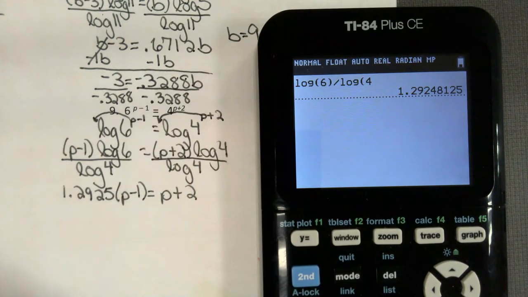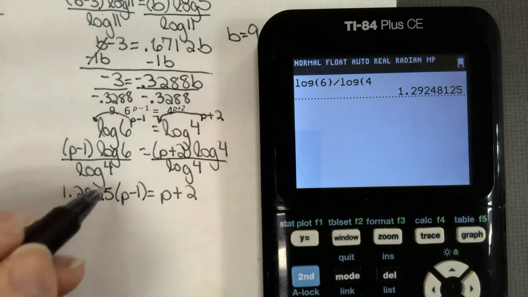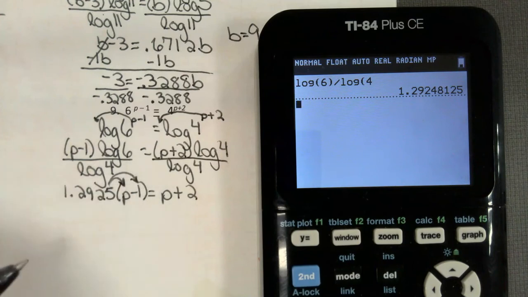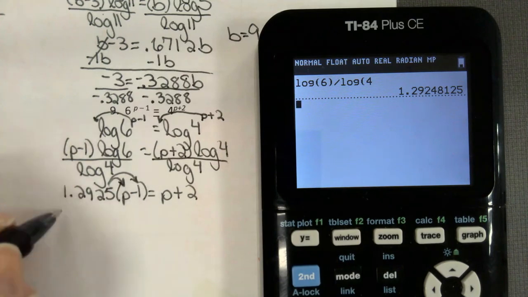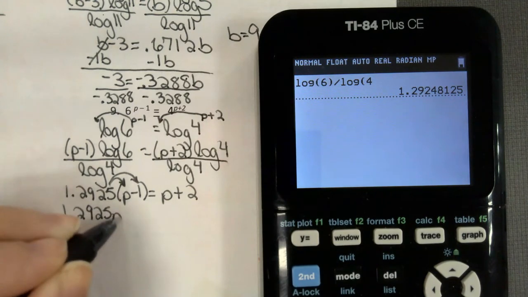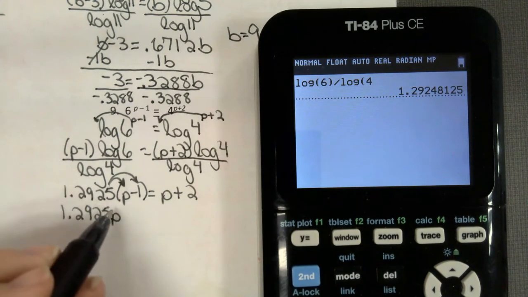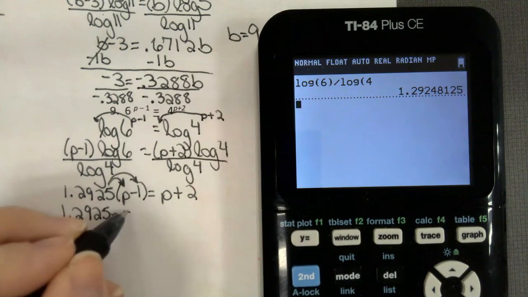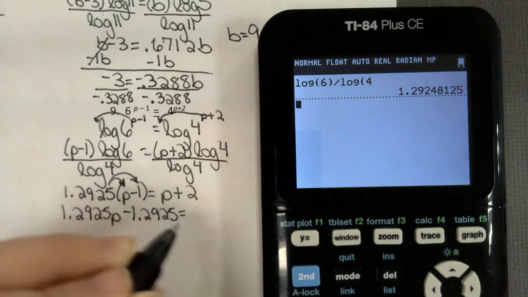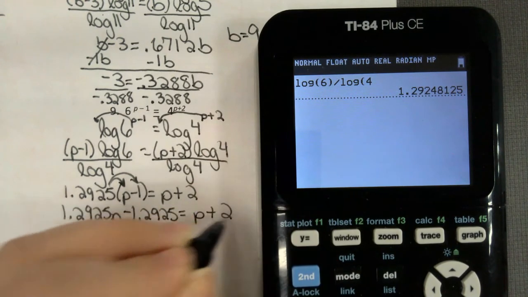It's time to distribute. There's no way around it. So we're going to distribute it to both. Multiplying by 1 doesn't change anything. 1.2925p, 1.2925 times negative 1 is negative 1.2925, and it equals p plus 2.